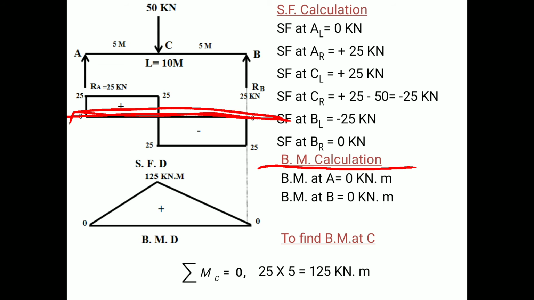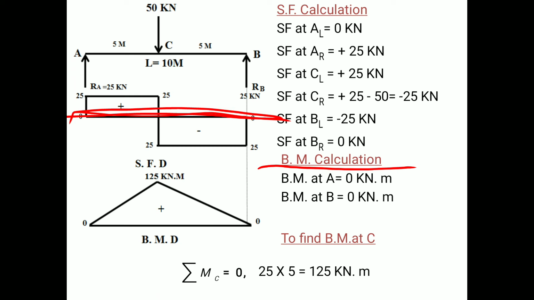The next point is to calculate the bending moment just to the left and just to the right of the point where a moment is acting. If a beam is subjected to a bending moment, then we have to calculate the value of bending moment just left and right of that particular point.